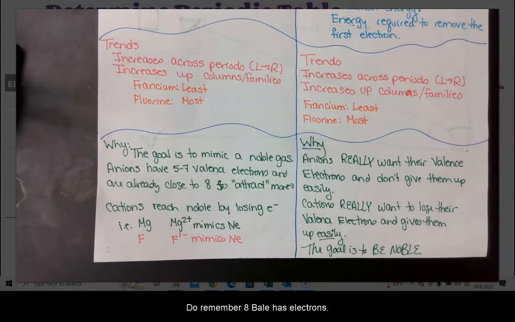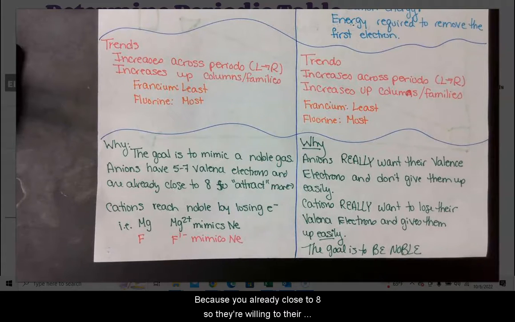Remember, 8 valence electrons is that full shell that elements are looking to get. So they can attract more because they're already close to 8. So they're very attractive because they're close to 8. Cations actually reach noble gas configuration by losing electrons.